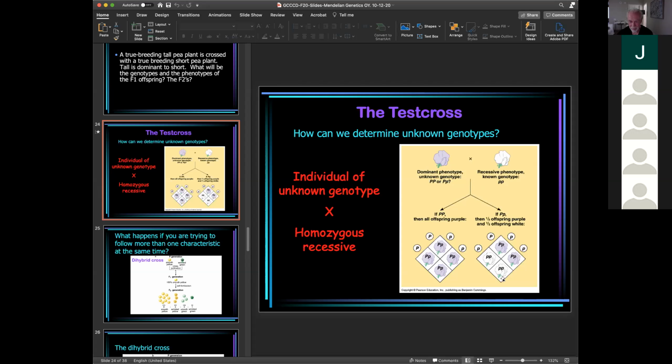That's how you get white flowers. Was that clear about a test cross? Okay, if there are no more questions about it, I'm going to stop sharing that.